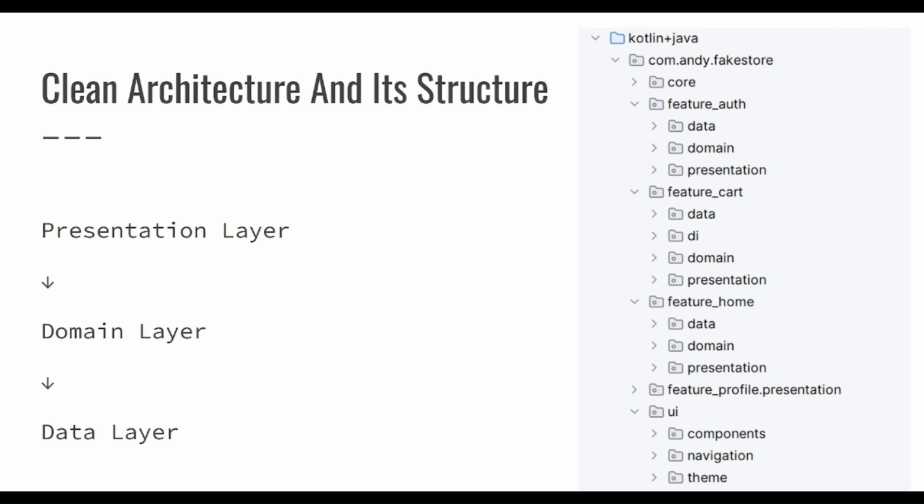So why do we use clean architecture? Because clean architecture is a way of structuring your app so that business logic is independent. The UI can change easily, and the API or the database can be replaced without breaking the app.